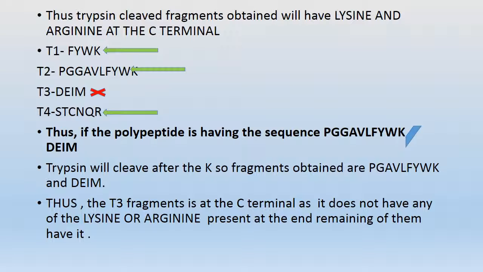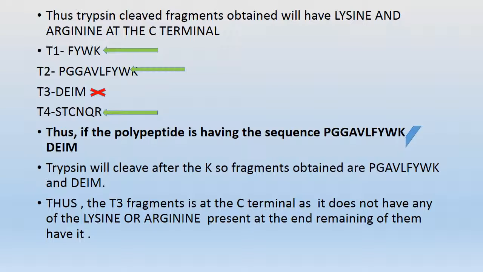Either at the C terminal or the N terminal of the polypeptide, but here it is at the C terminal, because if it was at the N terminal, then there would be another fragment obtained with the lysine or the arginine.